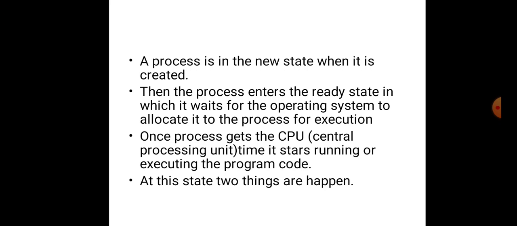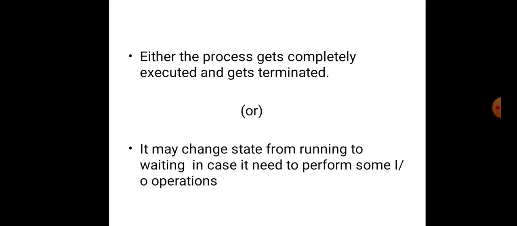At this stage, two things can happen. Either the process gets completely executed and terminated, or it may change the state from running to waiting in case it needs to perform some IO operations. IO operations means input output operations.